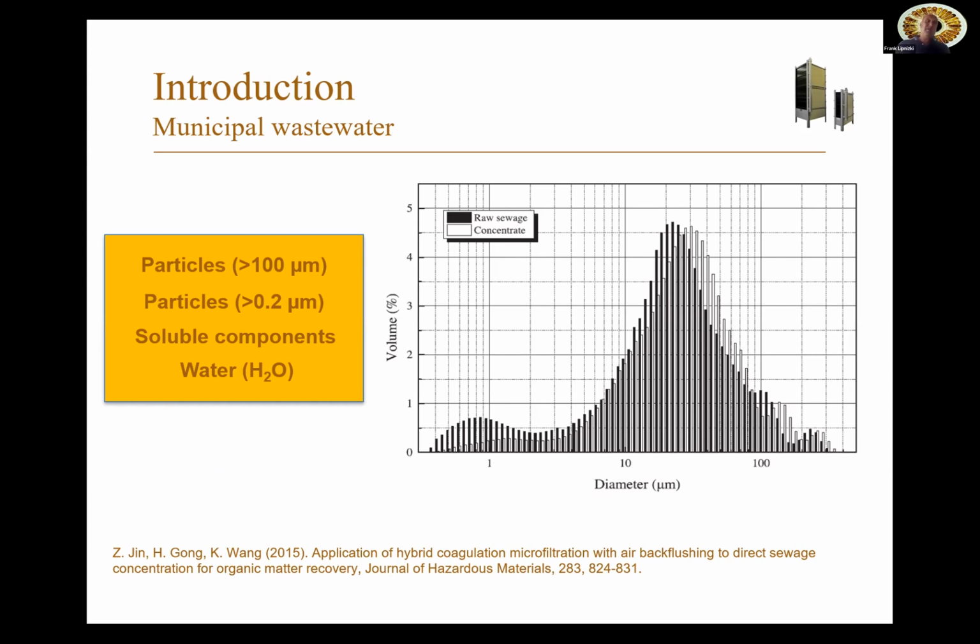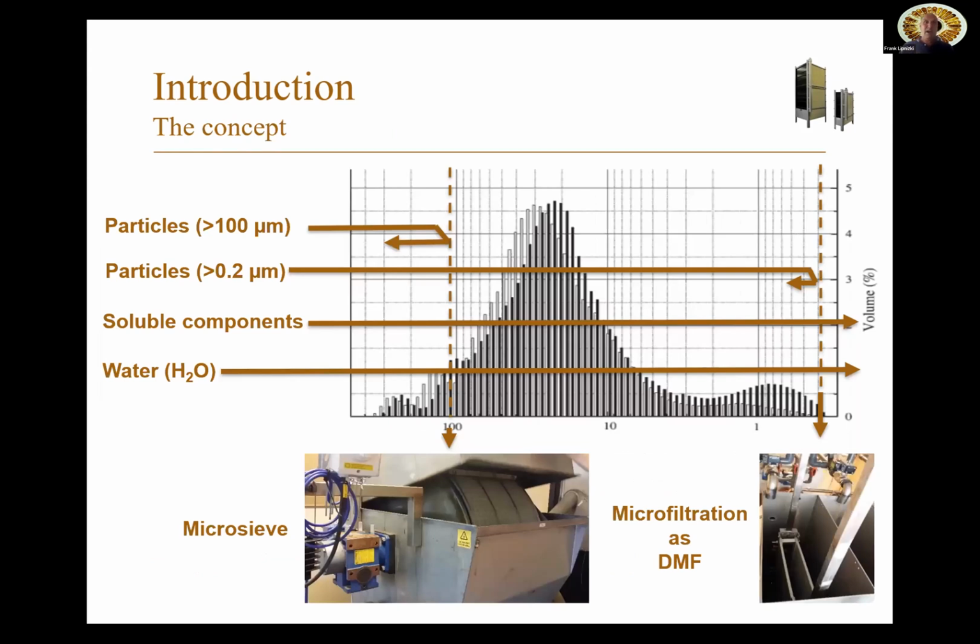In our direct membrane filtration process, we take out the particles greater than 100 micron with a microsieve, and then we have our micro or ultrafiltration membranes for direct membrane filtration, which easily remove particulates greater than 0.2 micron. The remains in the permeate are soluble compounds and water. So that's the concept so far.